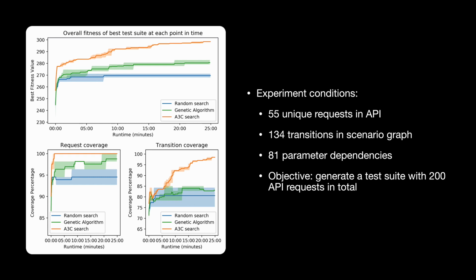This chart shows the best fitness value at each point in time during the search. The overall fitness is calculated as 2 times the request coverage plus 1 times the transition coverage. And each line is the average of 3 runs. We can clearly see that the reinforcement learning based approach in combination with the A3C algorithm has a major advantage in this context.